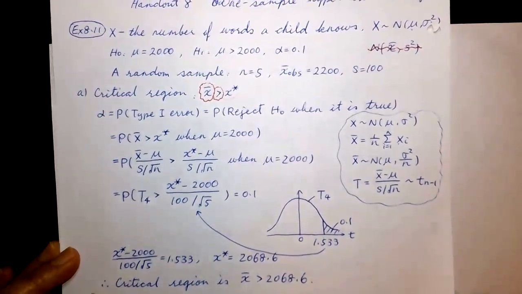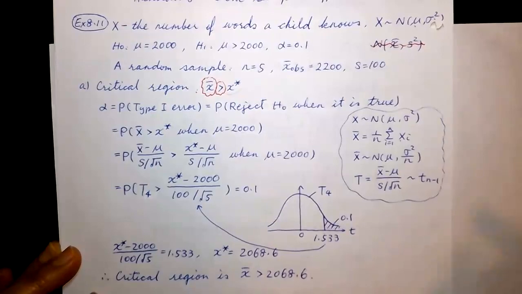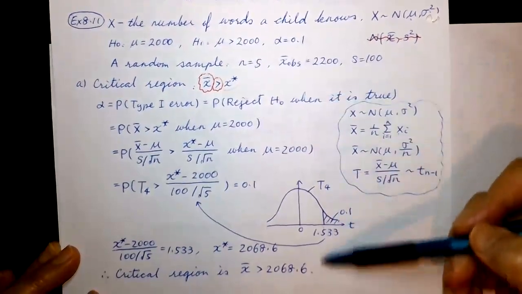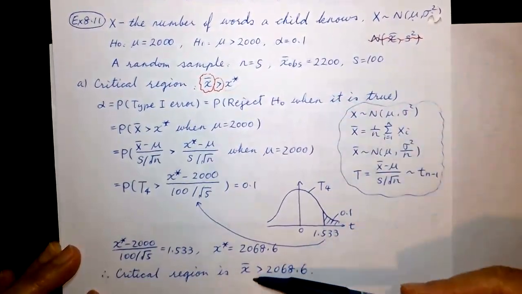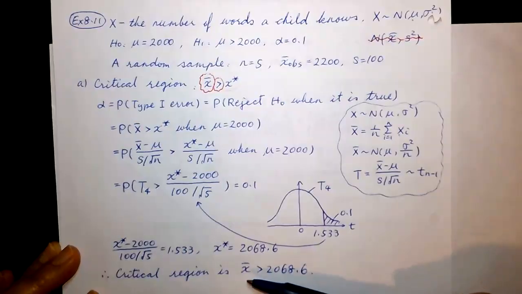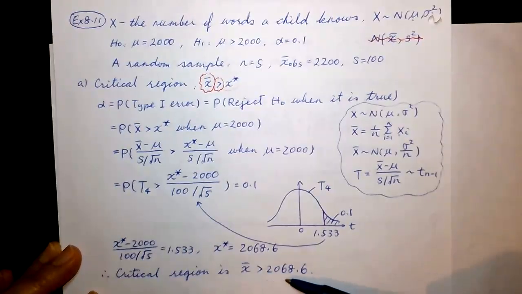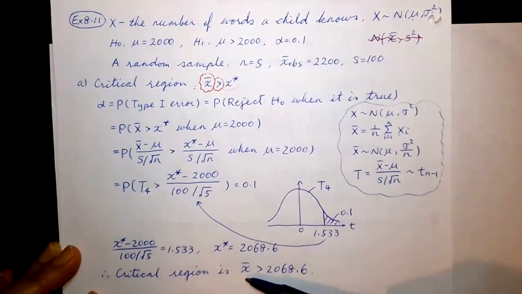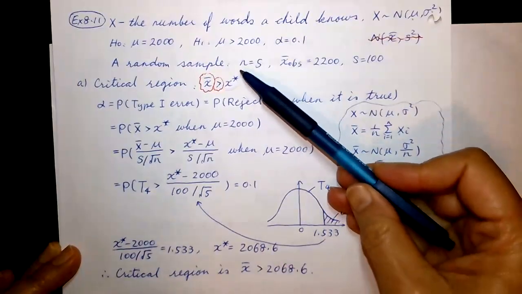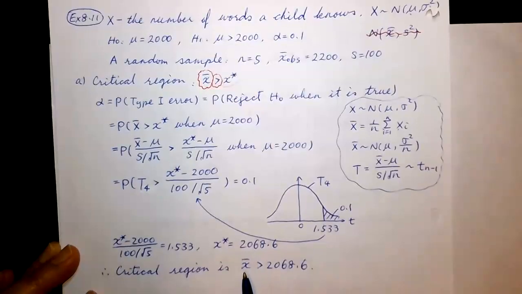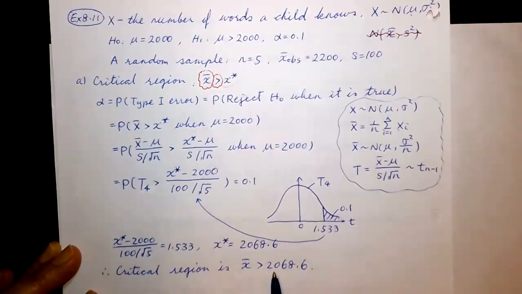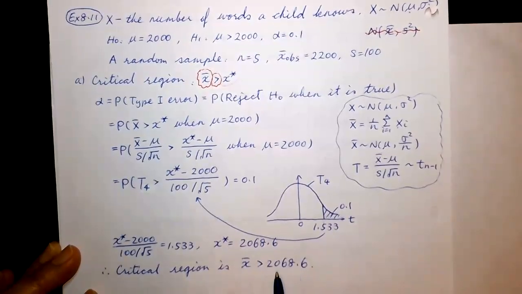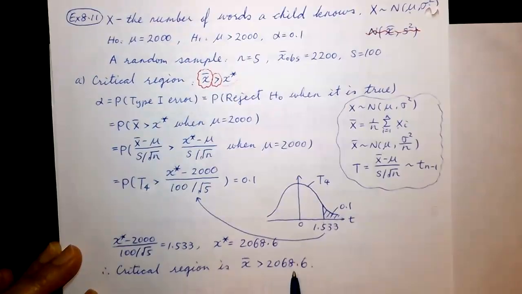Let's have a quick reminder of this method. Okay, we found the critical region. Let's just pause for 5 seconds here and see whether it makes sense. X bar, the sample mean. If the 5 kids, we have the 5 kids there, know on average more than this number of words, this value is greater than 2000.